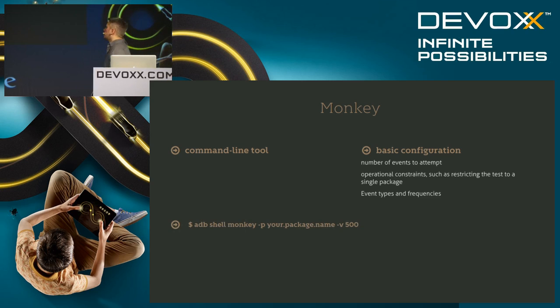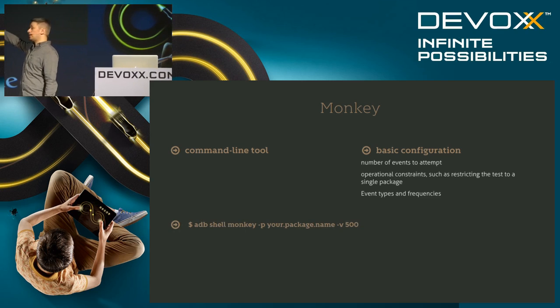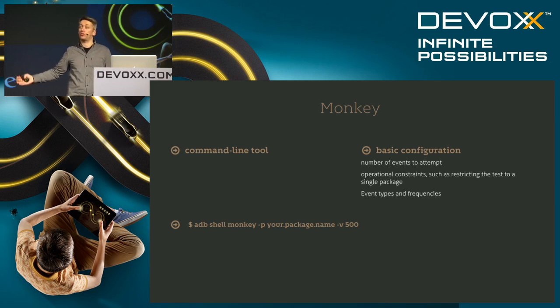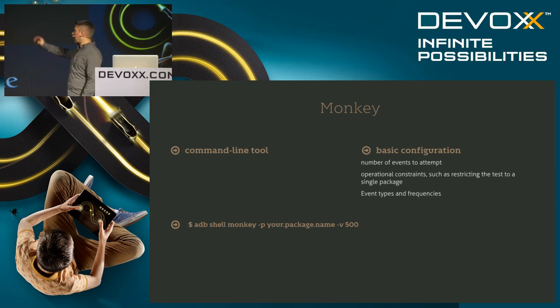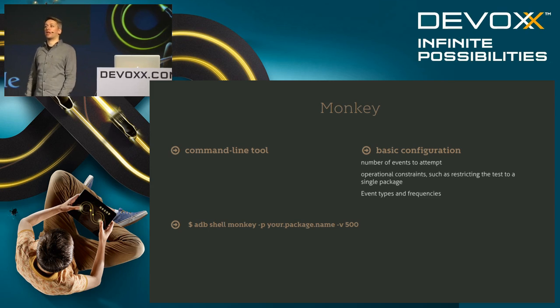So the command to use, the simplest version is you just use the Android Debug Bridge. So you just say adb shell monkey -p, you give your package name so that it doesn't get out of your application, and then -v, you say how many random events it should generate.